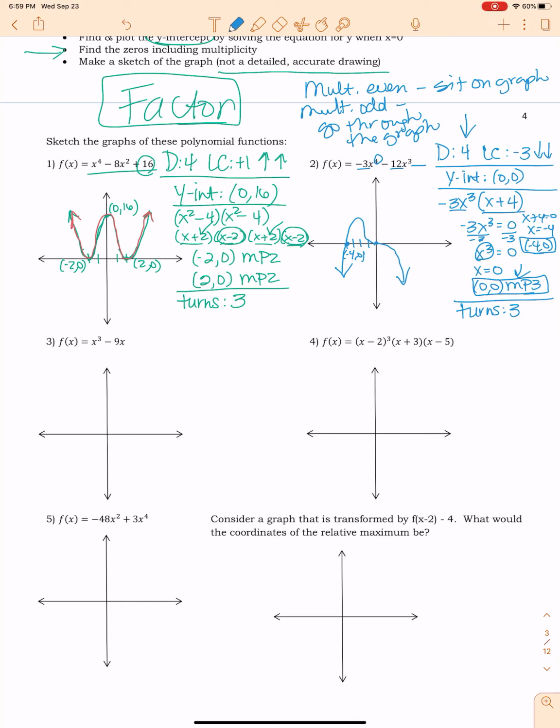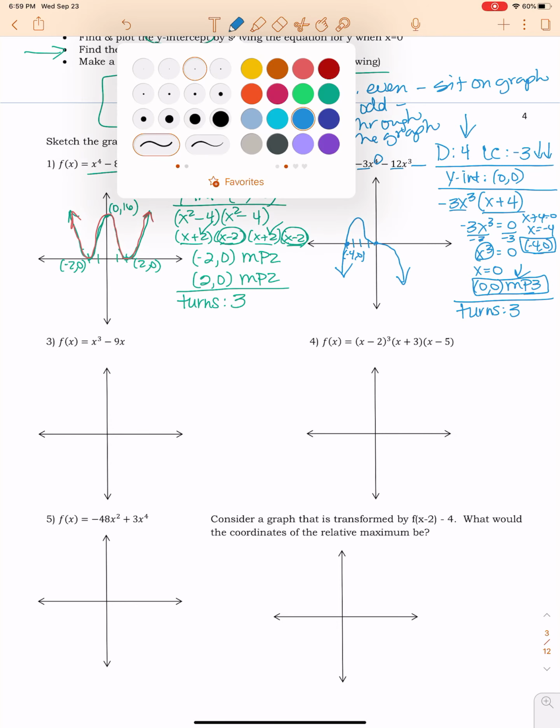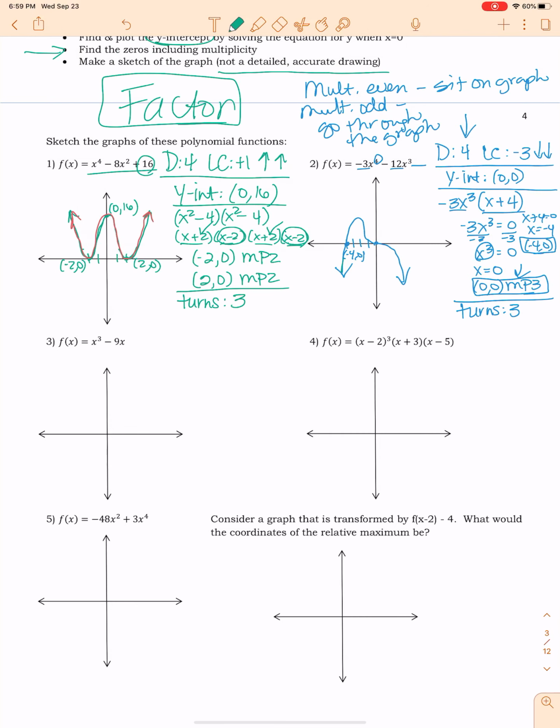That's what it's going to look like. So I go through -4. Okay, so I'll do it in another color again so you can see. So up through there, turn, turn, turn. All right, see how that flattens out right there at 0, 0? That's because we have multiplicity of 3 right there. Okay, we're going to do the other examples in another video.